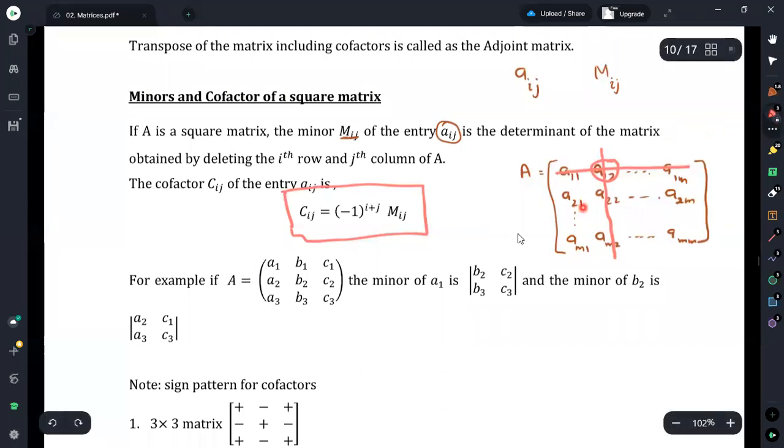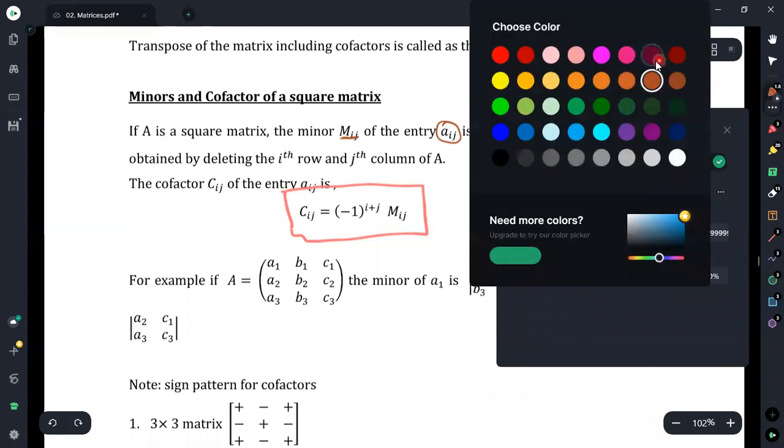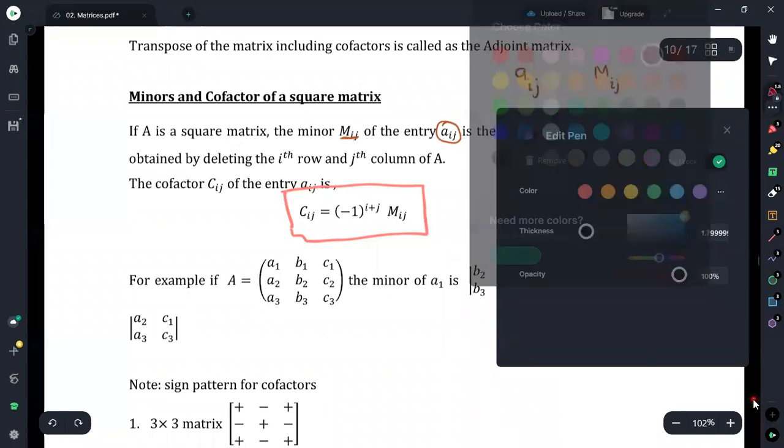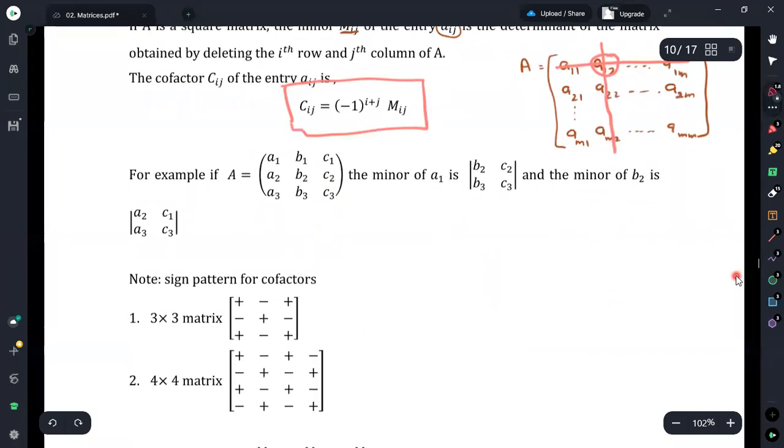Now, we'll discuss a small example regarding obtaining the minors. Suppose that A is given as a matrix A1, B1, C1. It is a 3 by 3 matrix.